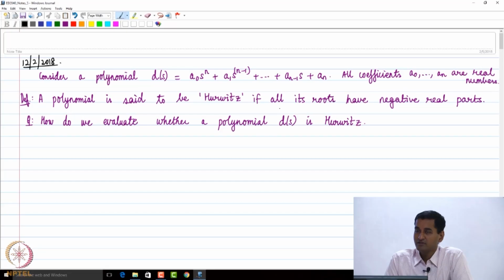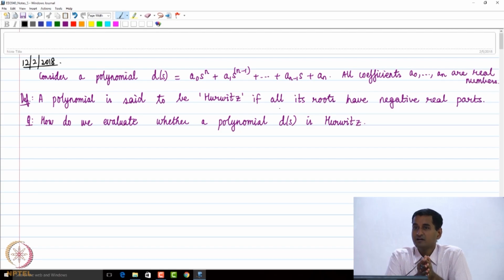Right, okay, in the last class, this is the place where we stopped. We were looking at how to evaluate stability. We learned that if I want to evaluate the stability of any system in the class of systems that we are studying, we need to look at the closed loop poles.